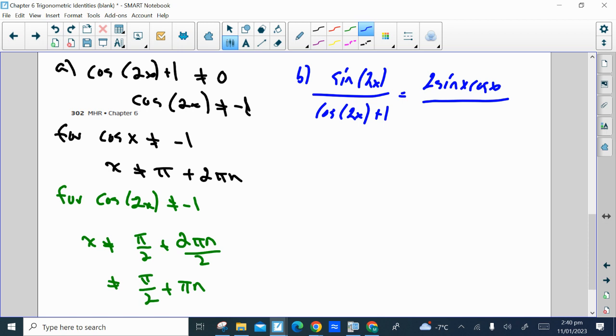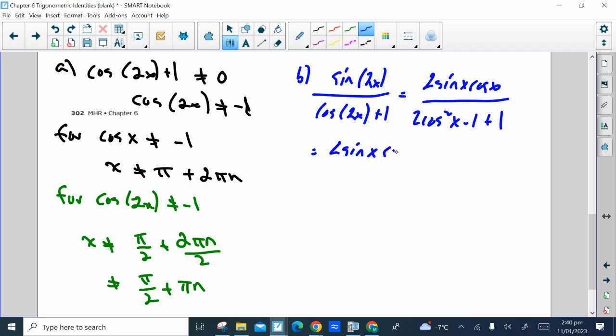In the last example above, we used that cos 2x is cos squared x minus sine squared x. We can do the same one here if we wanted to, or we can use one of the different ones. And I'm going to use 2 cos squared x minus 1. The reason I'm using that is because the minus 1 there will cancel with the plus 1 that was originally part of that expression. It just makes things a little bit easier.